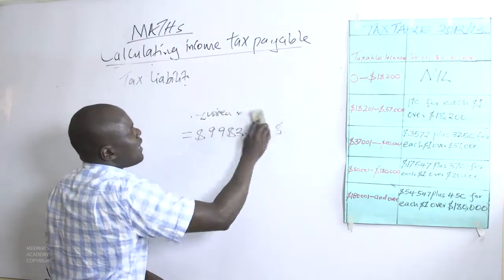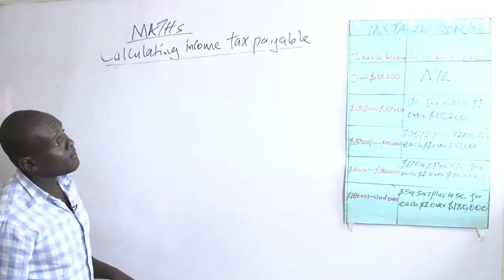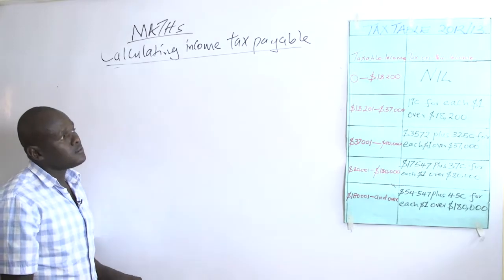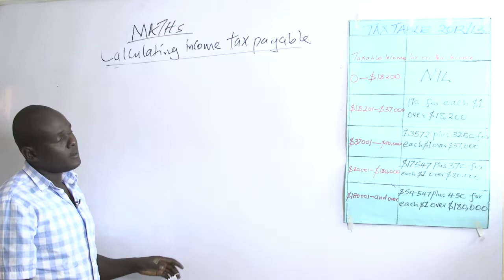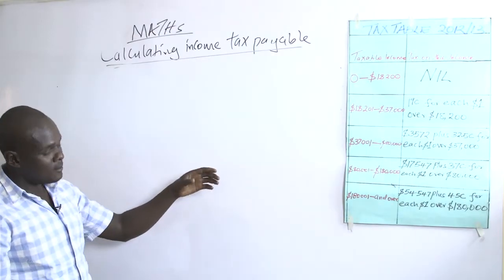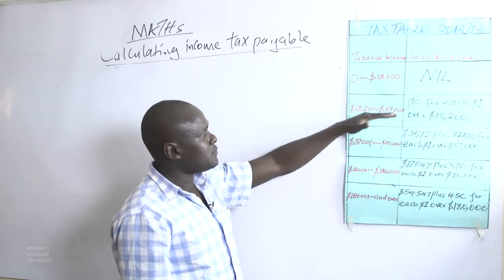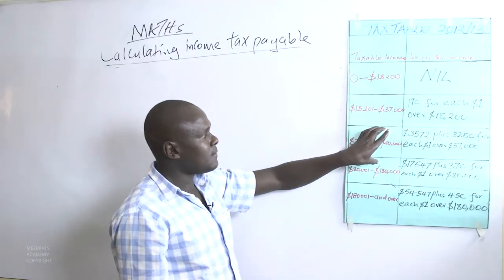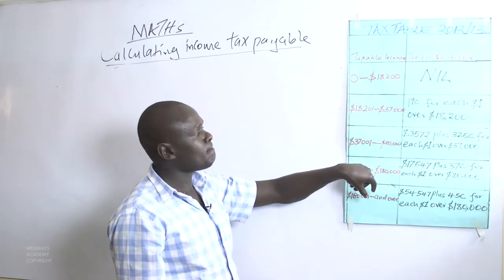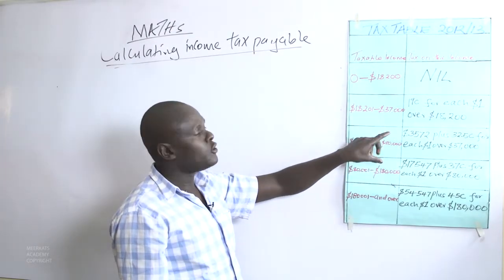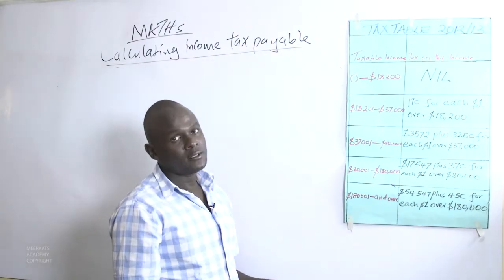So we have looked at how we can calculate taxes using the tax table. And that example elaborated on how we can apply this tax table, and we can only use a certain tax bracket if the taxable income falls within that particular tax bracket.